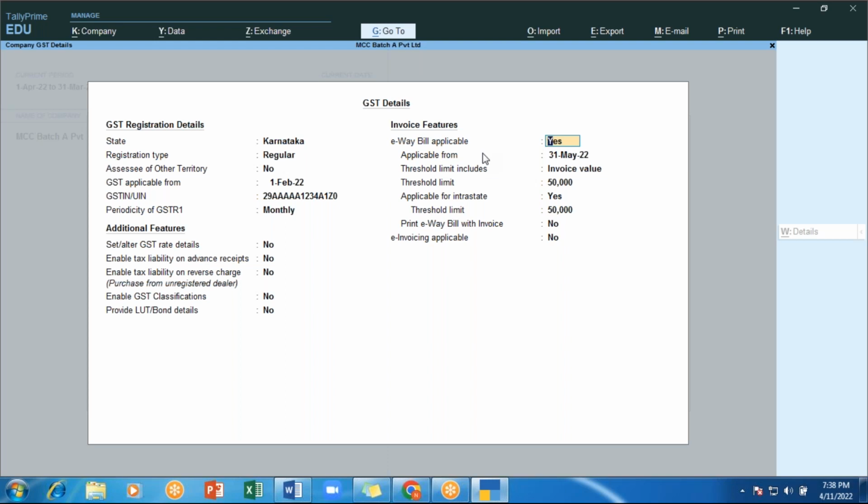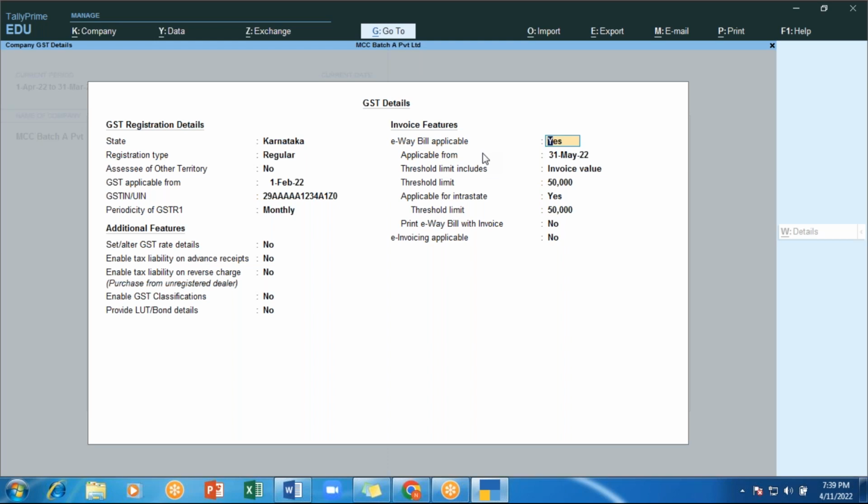When my total cost of goods crosses more than 50,000, it is mandatory to give an e-way bill. Suppose I'm making a sale for 15,000 or 20,000, there is no need for an e-way bill. If I'm making a sale for 50,000 or 75,000, then I have to give it.